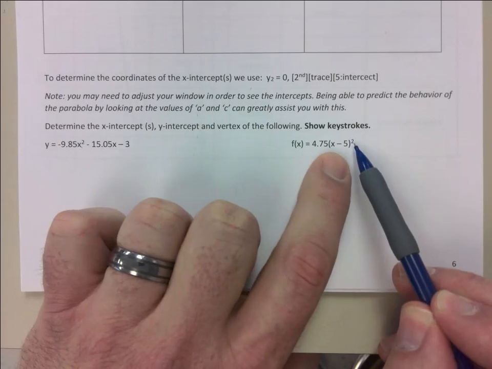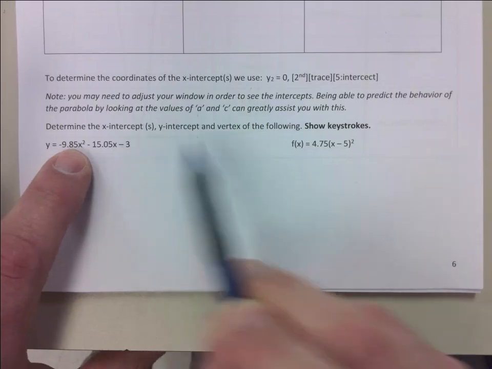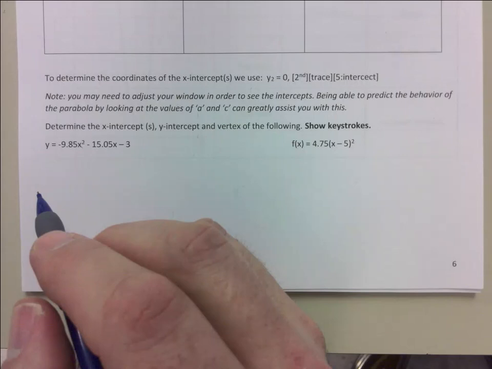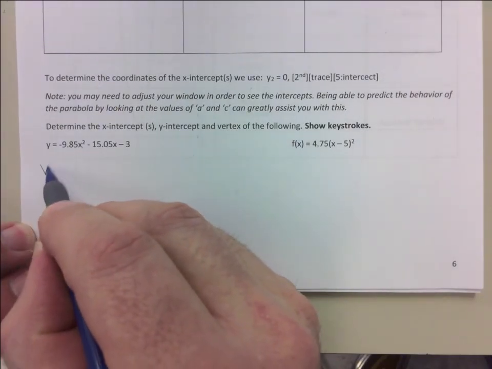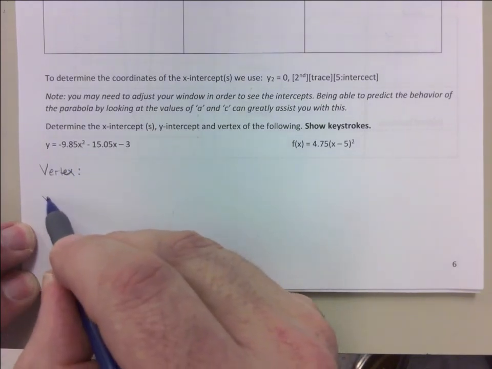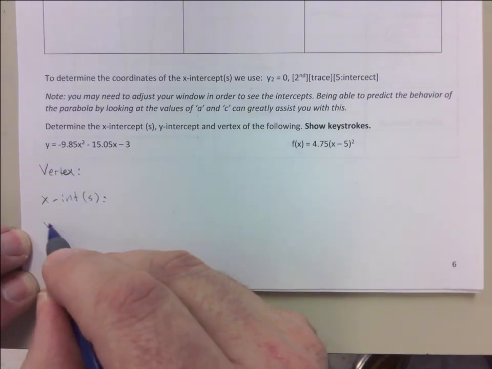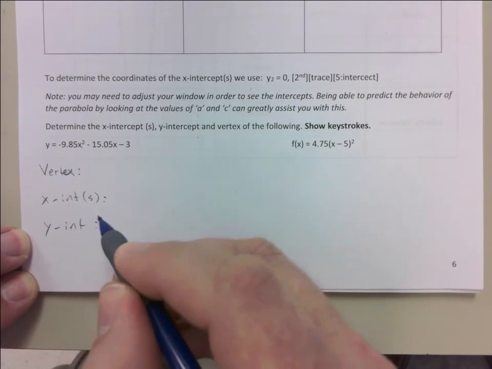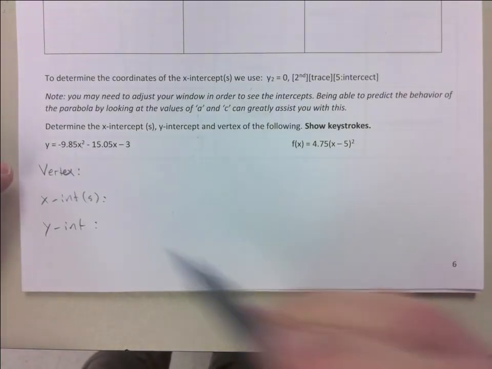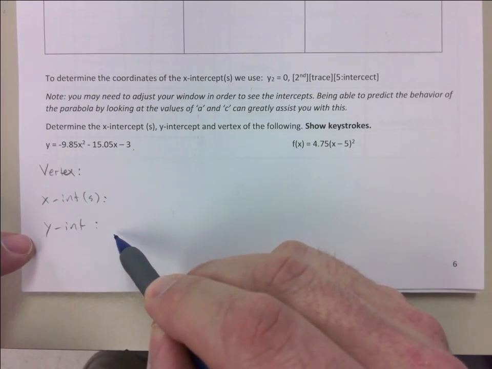We know this is quadratic because x will end up being squared on this one as well. For both of these, I want you to try to find the vertex. I want you to find the x-intercept or intercepts. And I want you to find the coordinates of the y-intercept, okay? Let's start with this one, find all three.